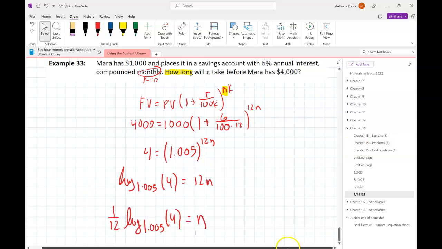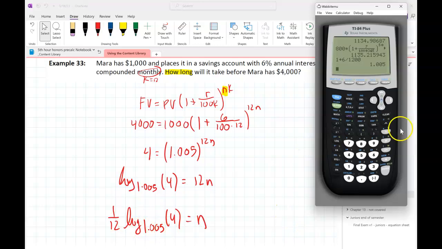So this is now a calculator problem. To get log base 1.005 into my calculator, I press the math button, scroll down to the bottom and find that log base command. That allows me to type in any base I want to my logarithm.